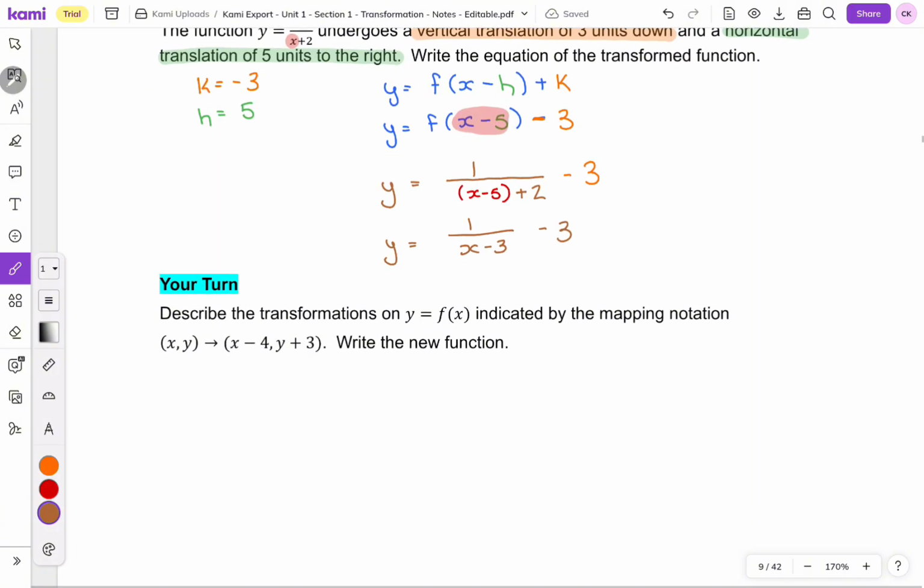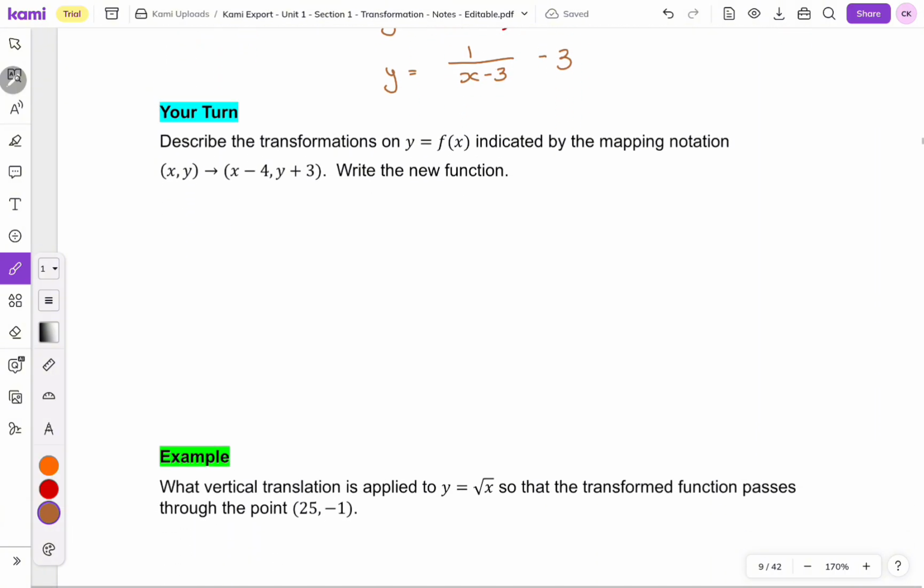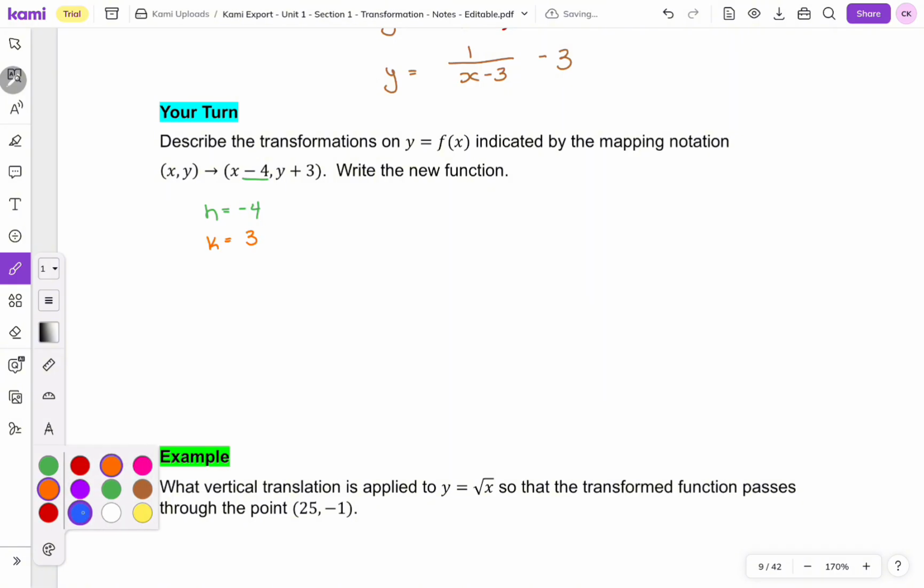All right, your turn, so pause the video, try it out, see how you do. All right, so we're in mapping notation. If we're looking horizontally, this tells me that h equals -4, k equals 3. It wants me to write the new function, while our transformation function is y equals f of x minus h plus k.